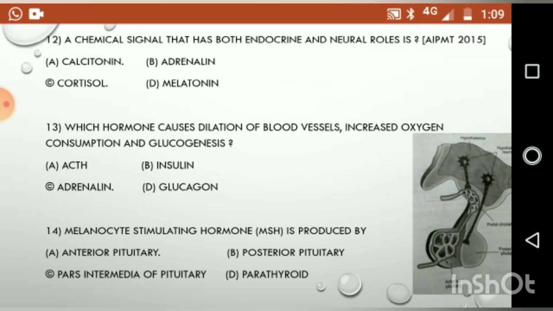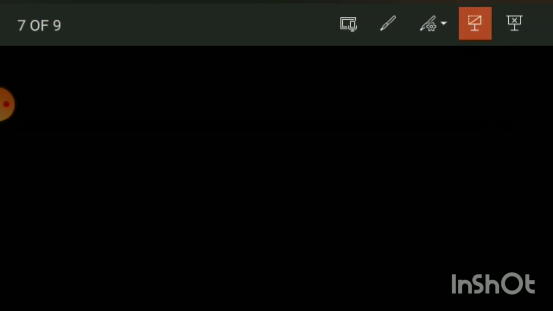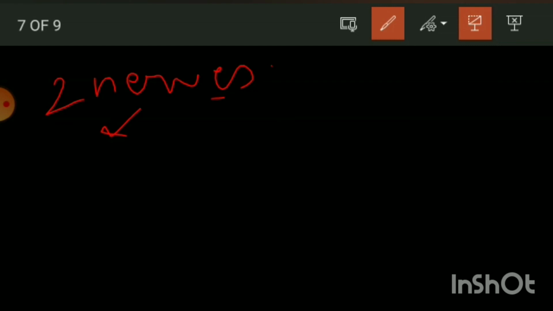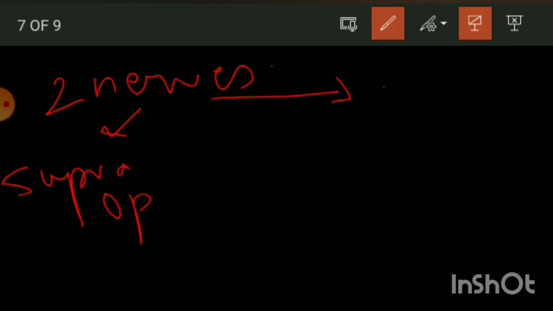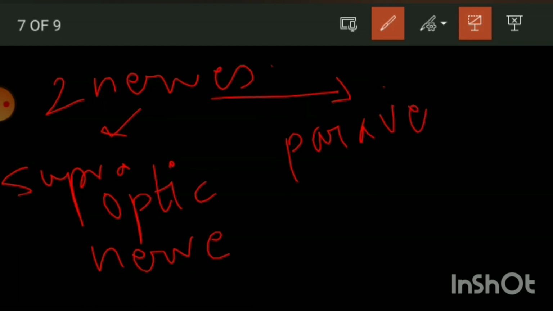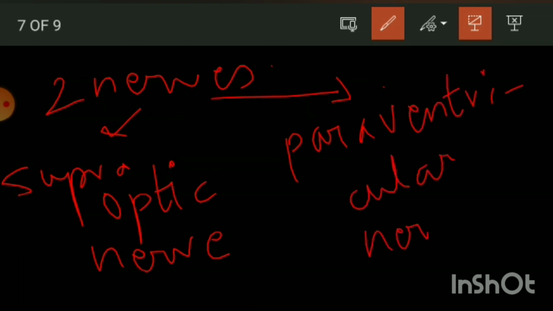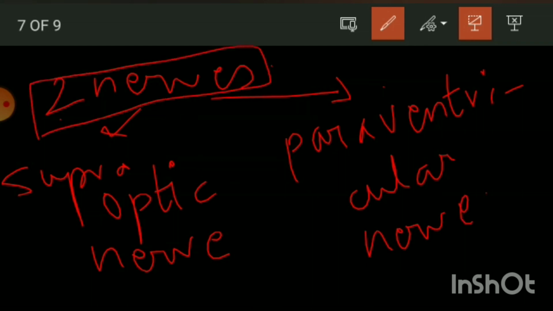If you want, I can write the words again for you. The two nerves are the supraoptic nerve and the paraventricular nerve. These are the two nerves the posterior pituitary is made up of.